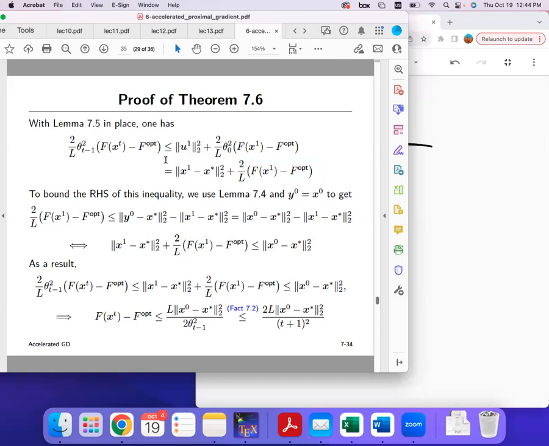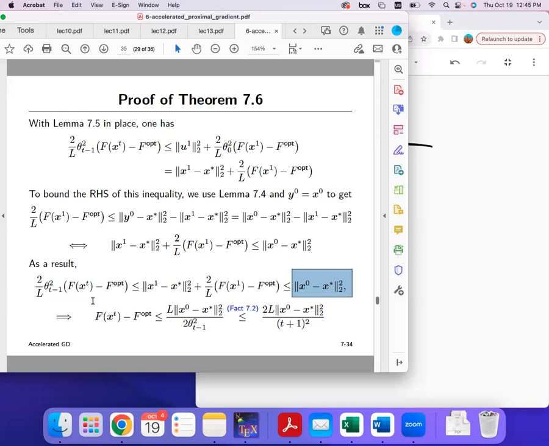Therefore, we can further upper bound this term by this term. And then combining these two bounds, we can claim that the left-hand side is bounded by the squared distance between the initial point and x star.